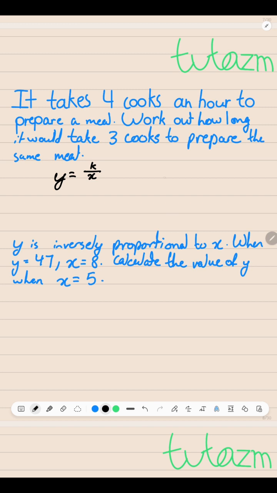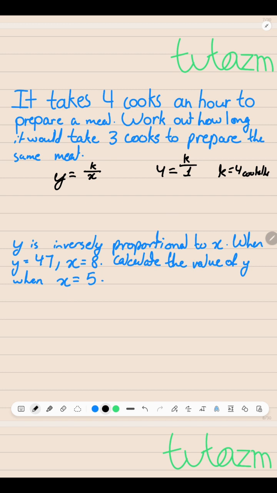So 4 is equal to k over 1 hour here. So k is equal to 4. What does 4 mean? It means 4 cooks per hour, right? Each hour requires 4 cooks.